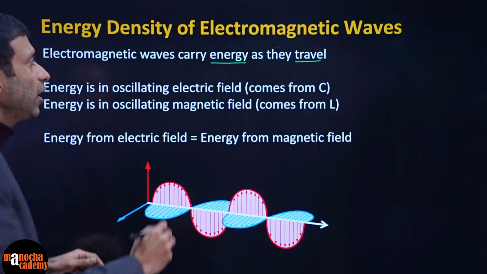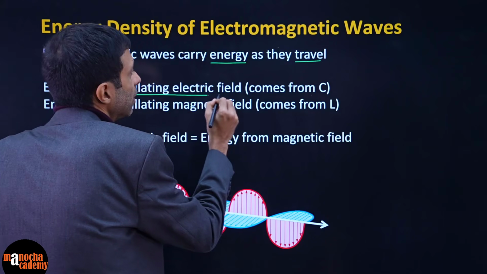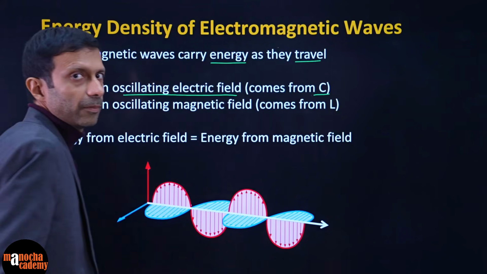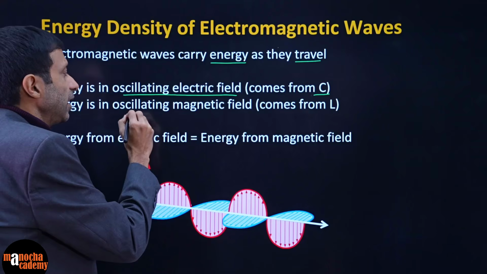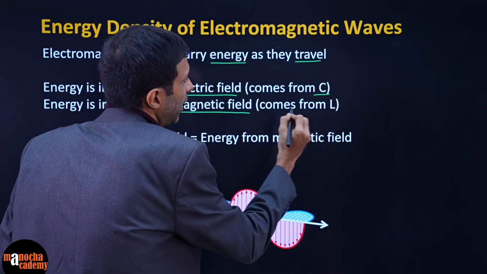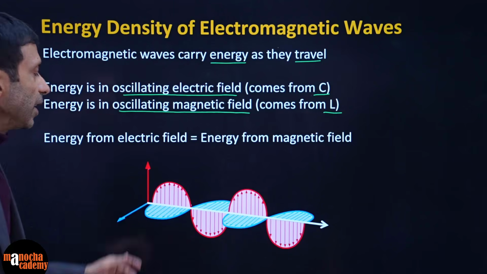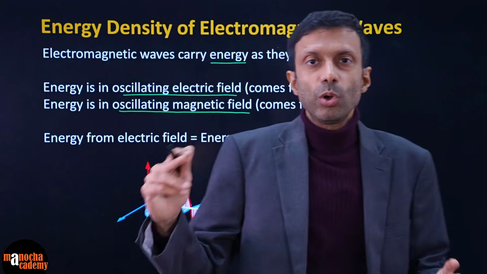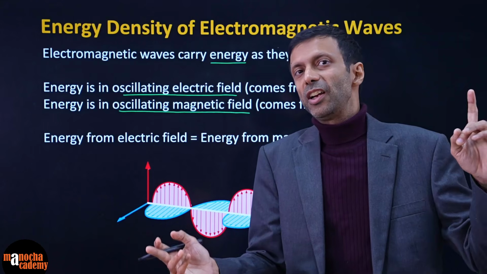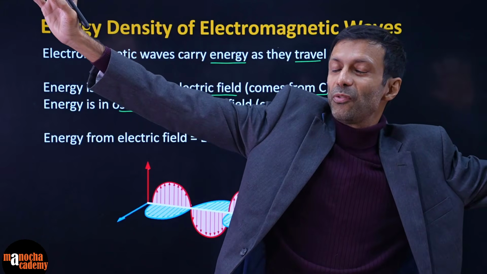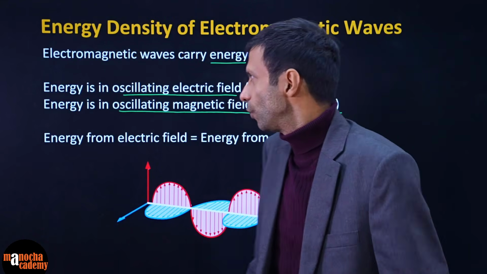Energy is coming from the oscillating electric field, which means from your capacitor. And the other energy is coming from your oscillating magnetic field, which is from your inductor. And the best part is both are contributing equal share. It's not like C says I'm doing more work or L says I'm doing more work.